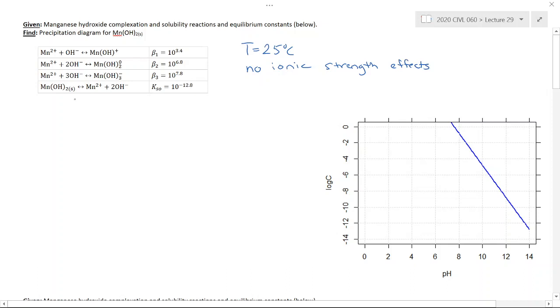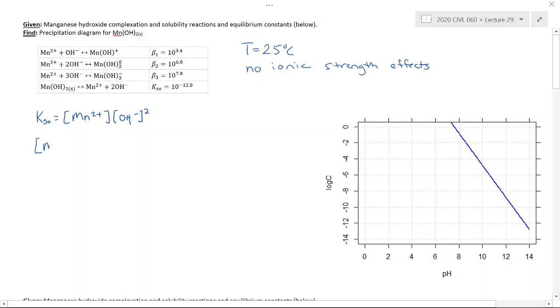I'm going to use reaction number 4 here and write out the equilibrium equation. So I have a KSO, it's the product of manganese and hydroxide squared. And then I'm going to rewrite this.